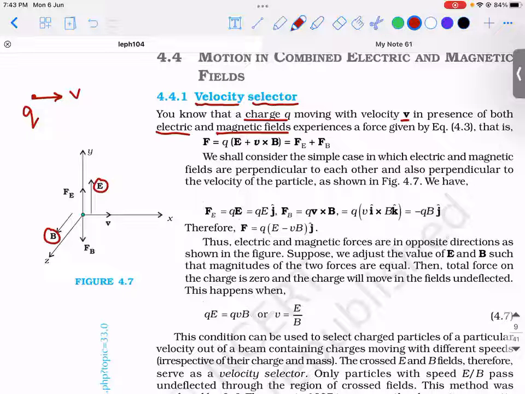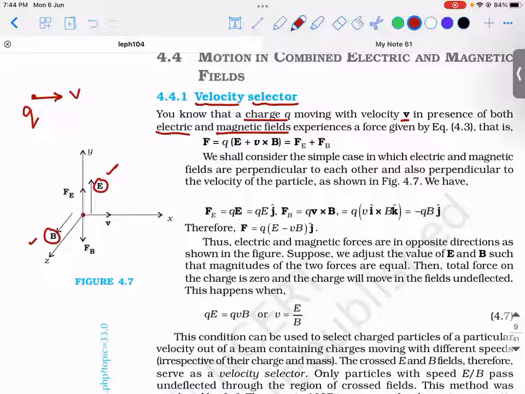If this kind of a scenario is existing, and you want to project a charged particle mutually perpendicular to both the fields, you will project it perpendicular to both electric and magnetic fields.